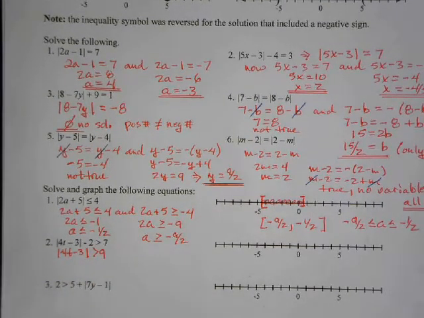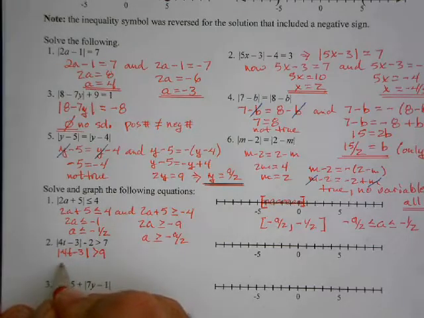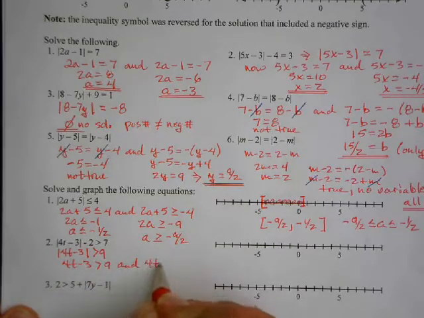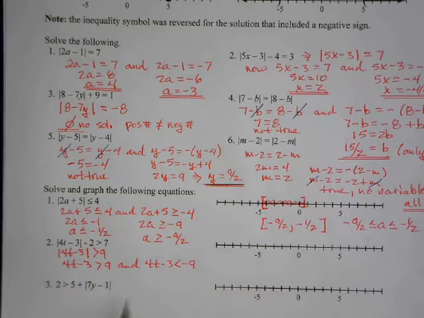Now I can write out my two possibilities. So again, kept the sign for the positive case, flipped the sign for the negative case.